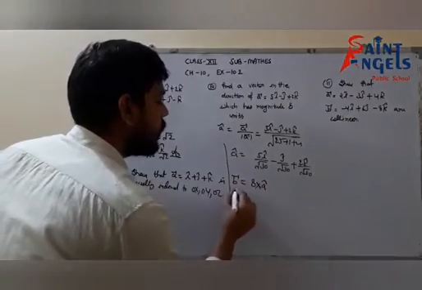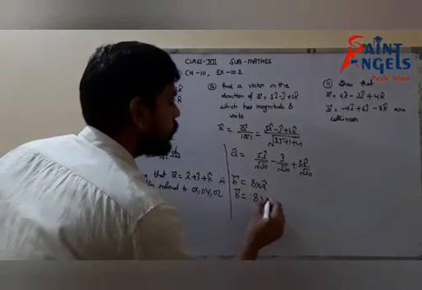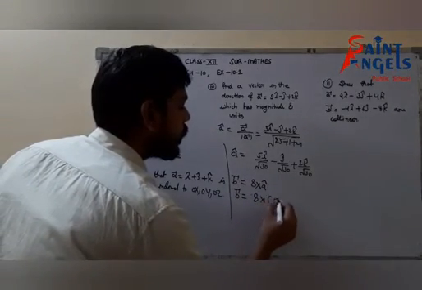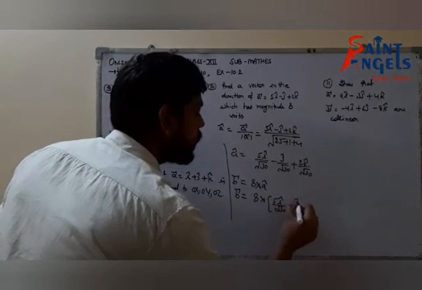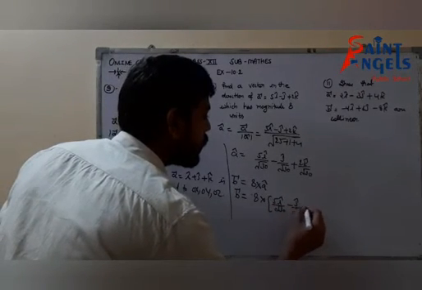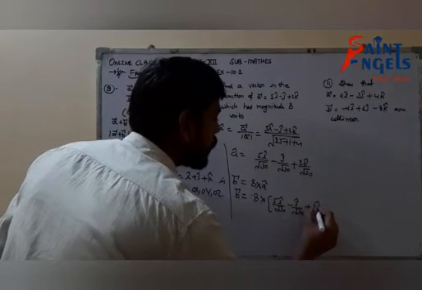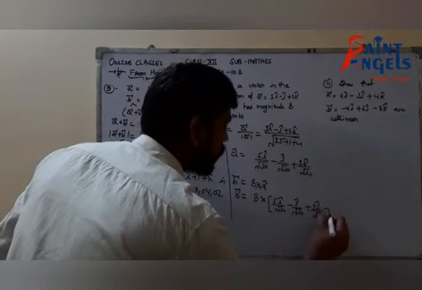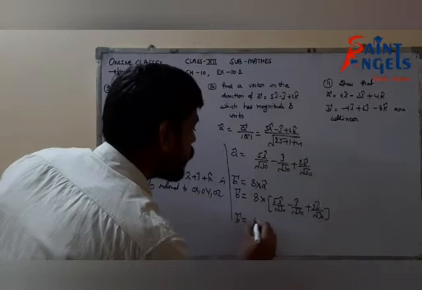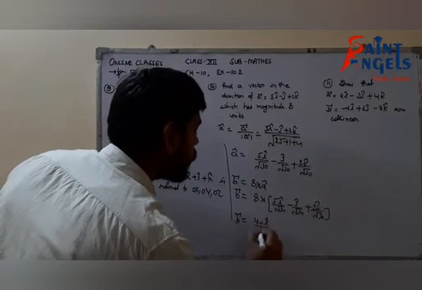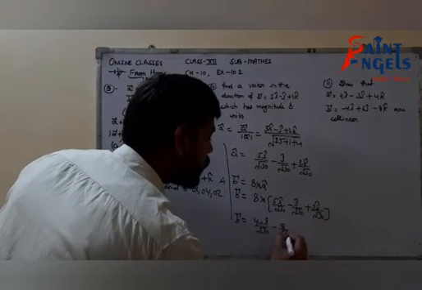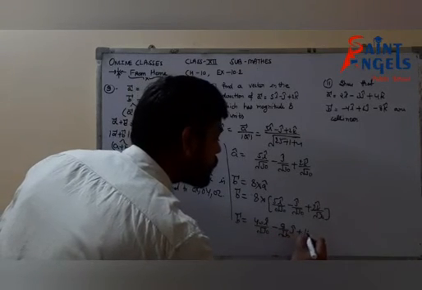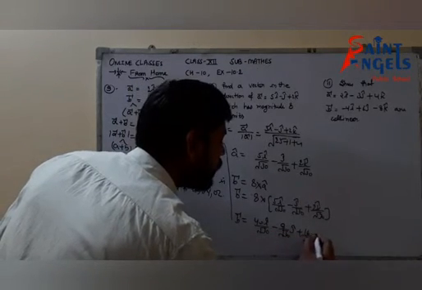So vector b would be 8 into 5i cap upon under root 30 minus j cap upon under root 30 plus 2k cap upon under root 30. It means vector b would be 40i upon under root 30 minus 8 upon under root 30 j cap plus 16 upon under root 30 k cap.